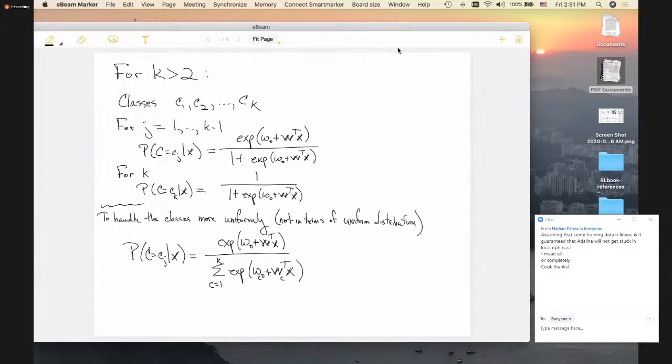All right. Now I'm subscripting the, I better do that up here too. J. I'm subscripting the weights to indicate that we have different weight vectors for each of the classes. Now let me go fix those other two equations real quick.